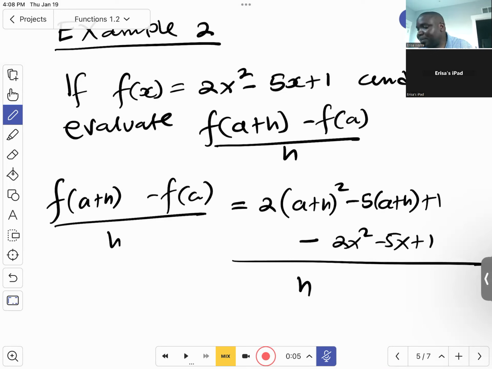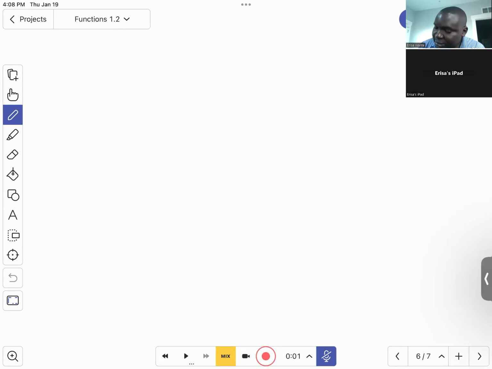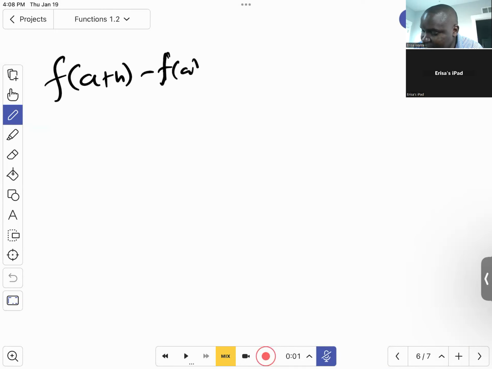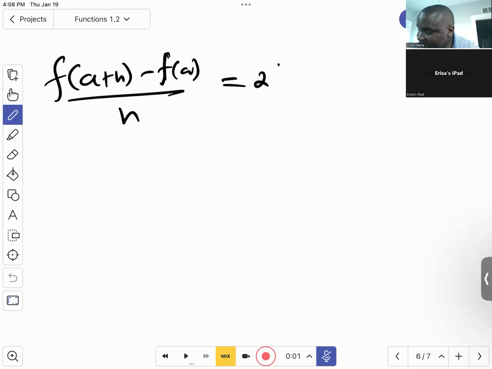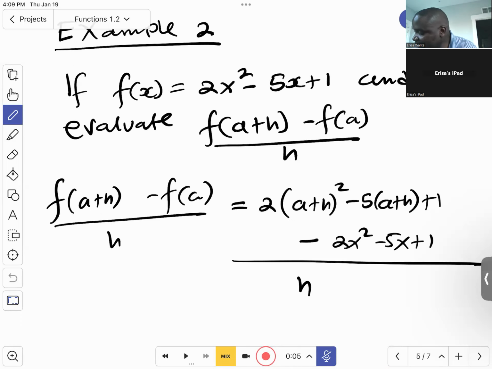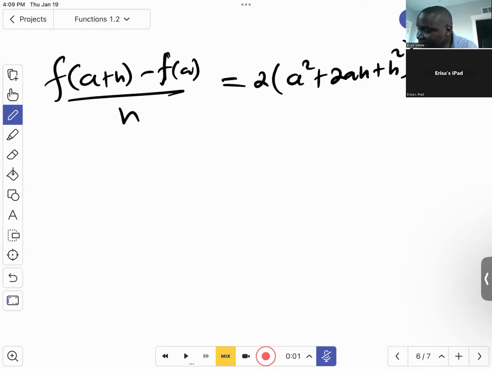So what is a plus h squared? We use the binomial expansion, and we have f of a plus h minus f of a, divided by h, will be equal to 2 times a plus h squared. A plus h squared is a squared plus 2ah plus h squared. Then minus 5a minus 5h.